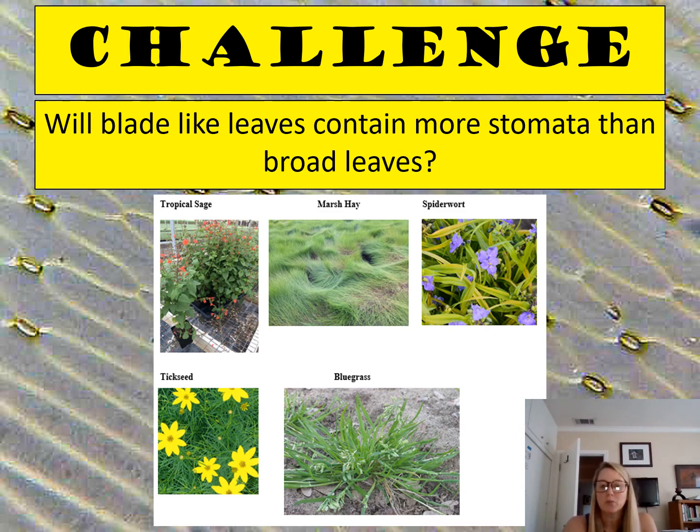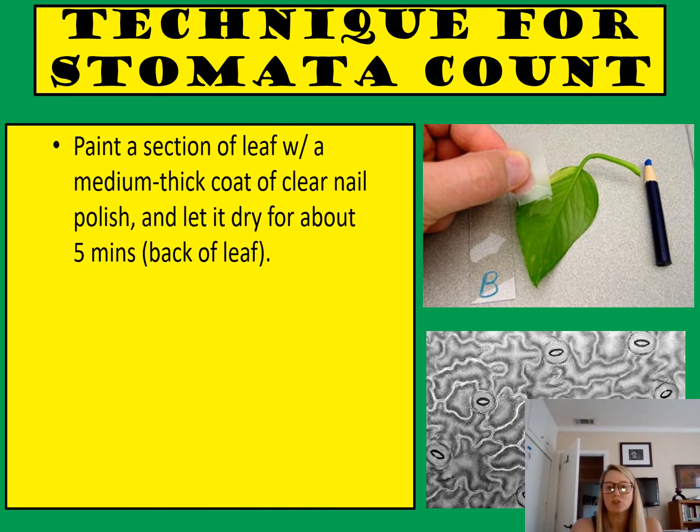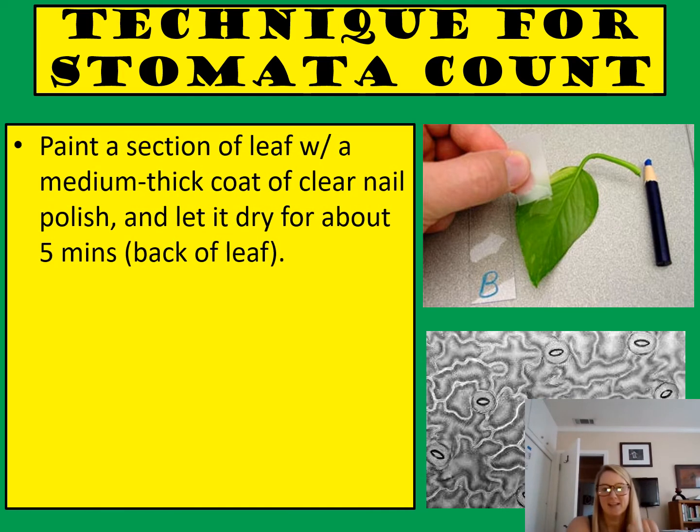So all of those you'll be observing underneath a microscope to see how many stomata they have. The technique that was used to count the number of stomata on the plants is the one I'm going to describe here so you can understand where those pictures are coming from. So what you do is you take a leaf and you turn it upside down, okay, and then you paint that leaf with a medium to thick coat of clear nail polish and you let it dry.